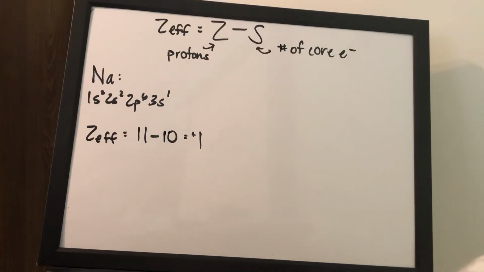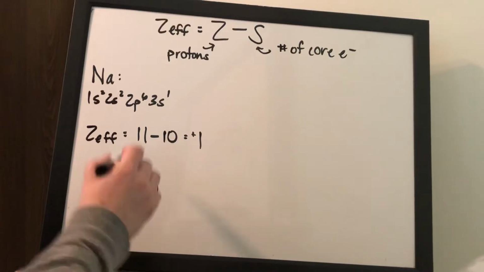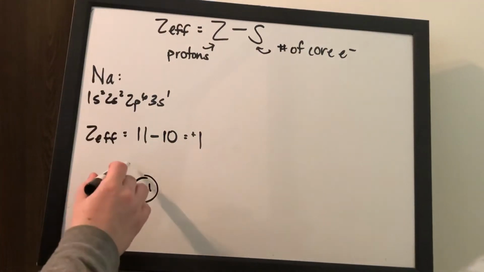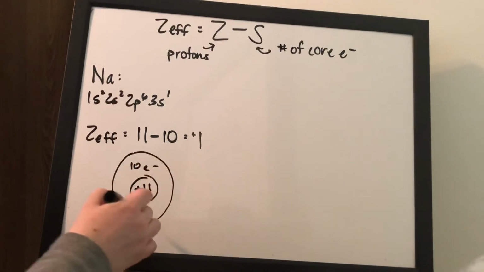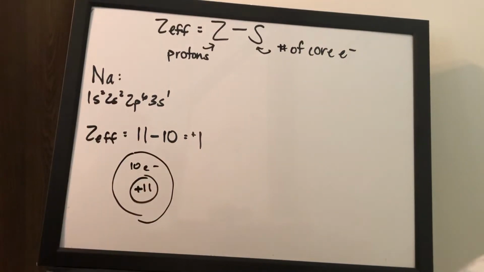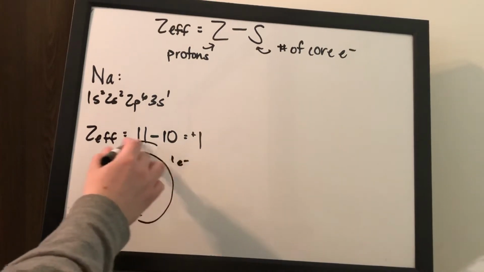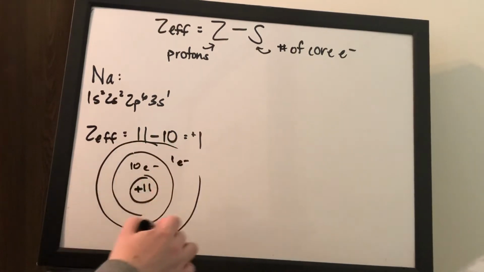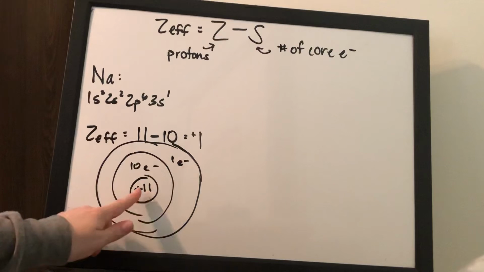So if we were to draw the atom here, you have 11 protons in the nucleus, you have 10 electrons in the inner energy levels, and you have that 1 valence electron out here as your valence. If this is sodium, the question was, what kind of attractive force is this electron feeling from the nucleus?